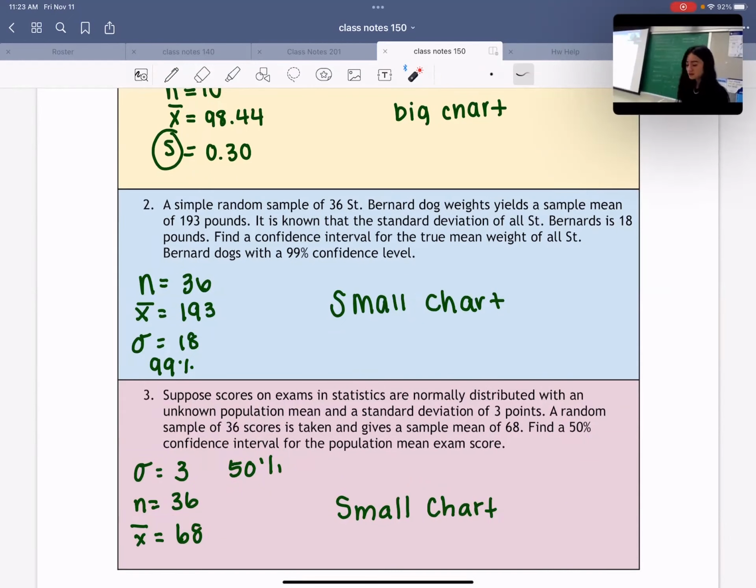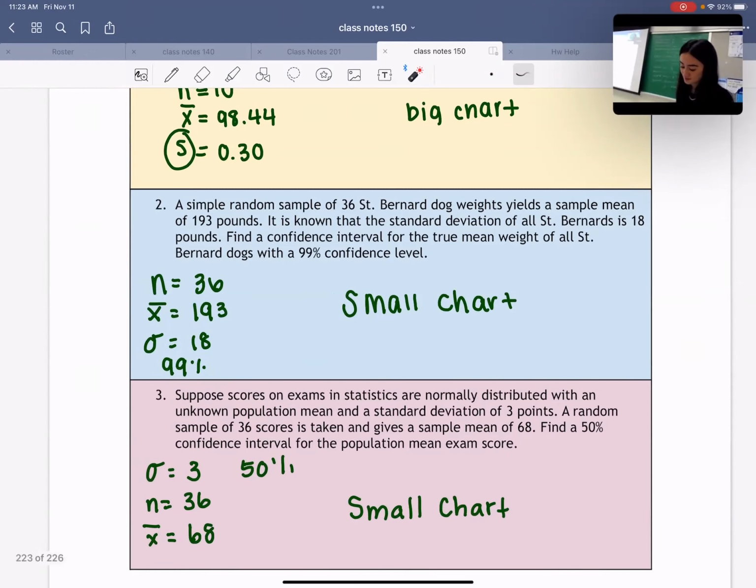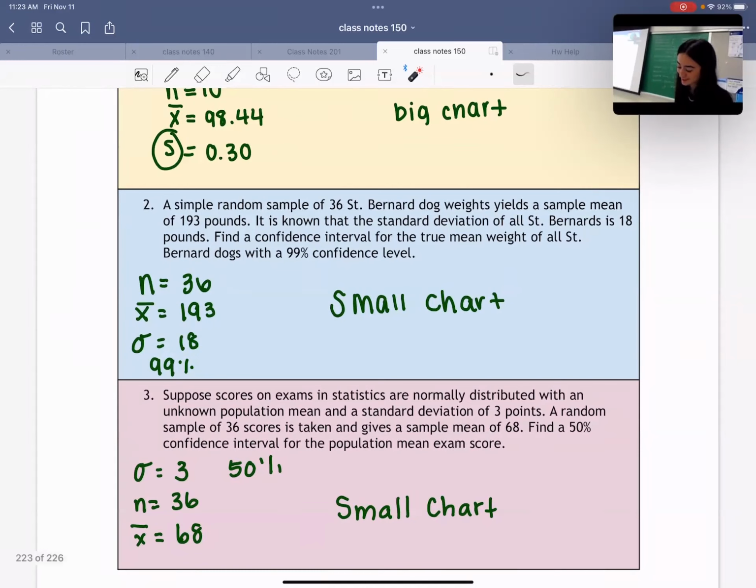Do you want to take us through your thought process? Yeah, so I underlined all the important things in the problem. I underlined 36 St. Bernard dogs, and that was my sample size. Then it says the sample mean is 193, so that's X bar.